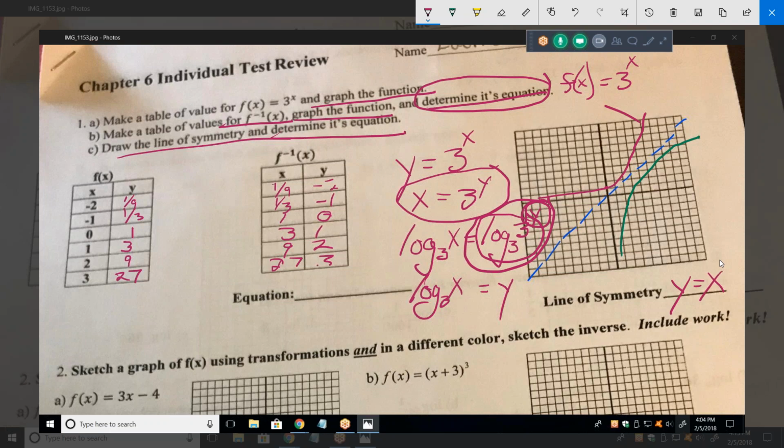And the equation they're looking for is f inverse of x. That's our new y, is f inverse. It's not the same as this y. Remember, I swapped the variables. So it's log base 3 of x.